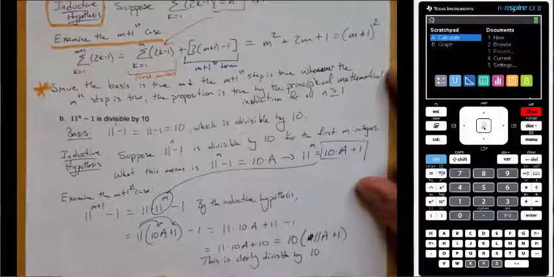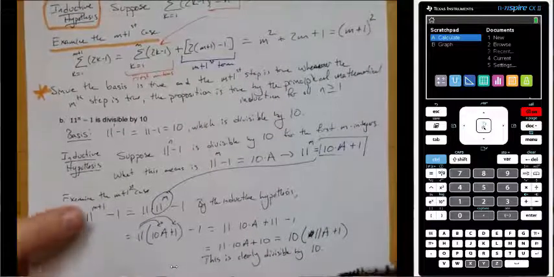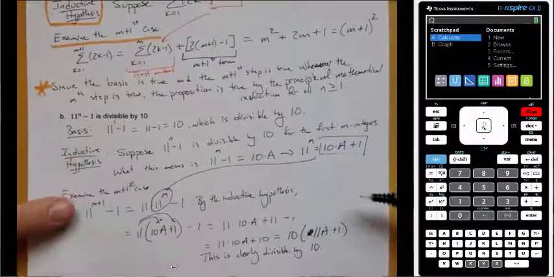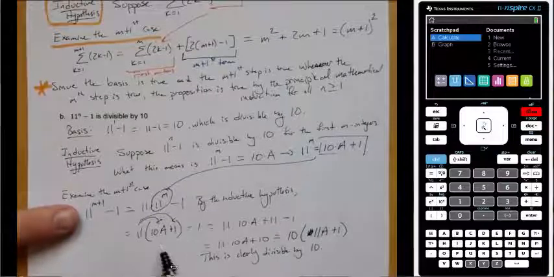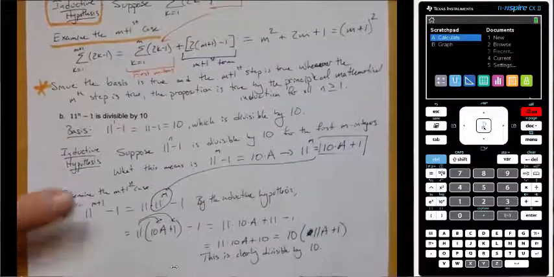So what we've shown is that, assuming that the previous step is true, the next step is definitely divisible by 10.